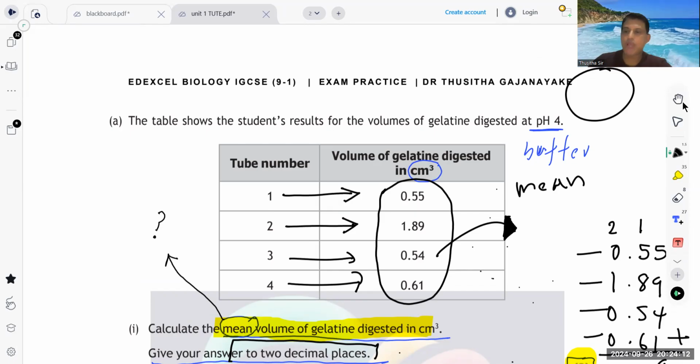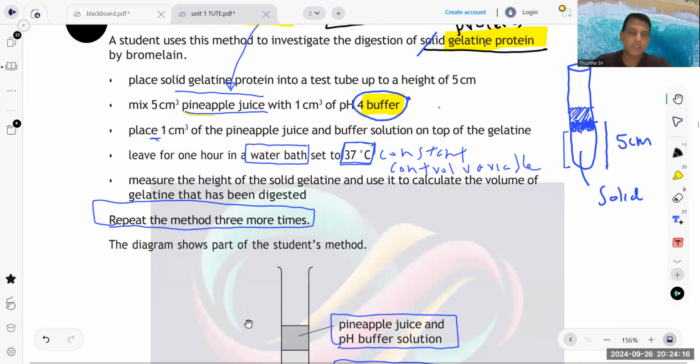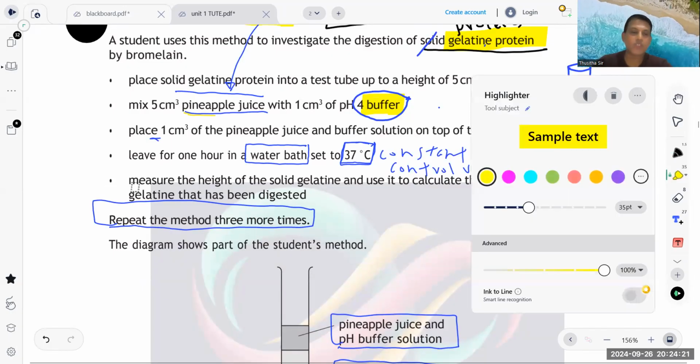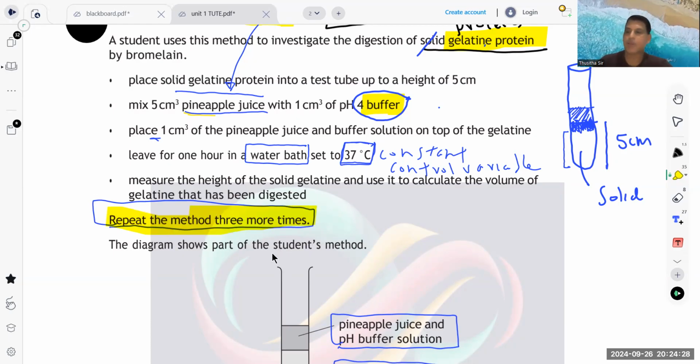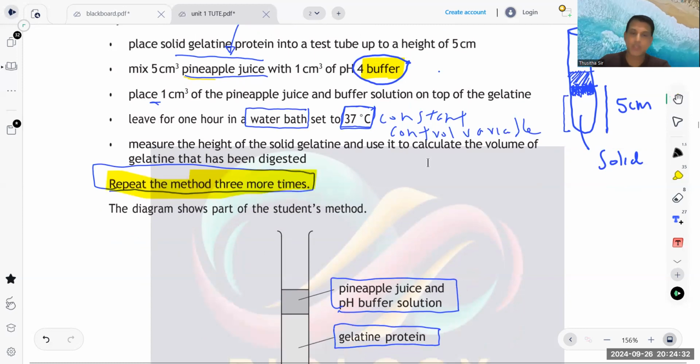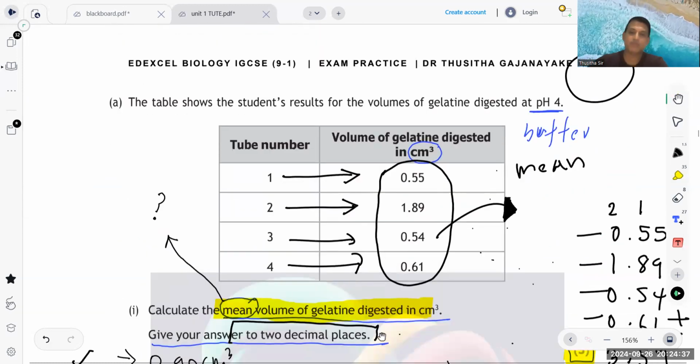And if we go back here, why did they write here, repeat the method for 3 more times? It doesn't matter. And here we have data for 4 times. So this is data collected for 4 times.